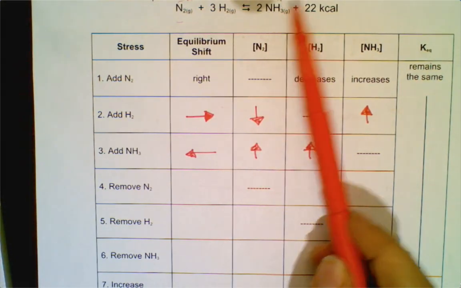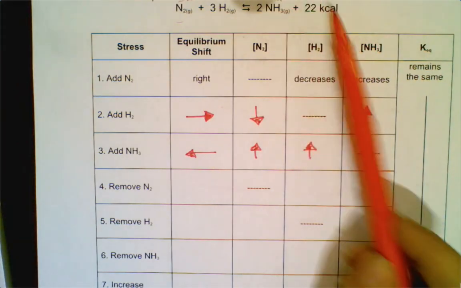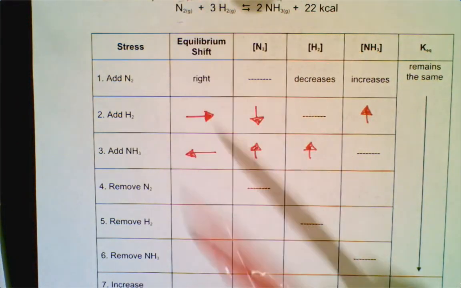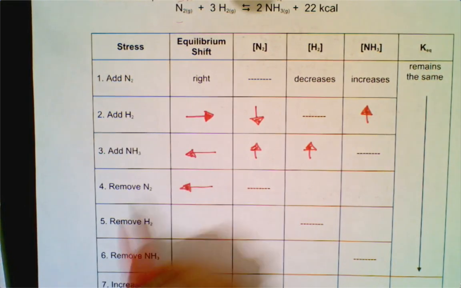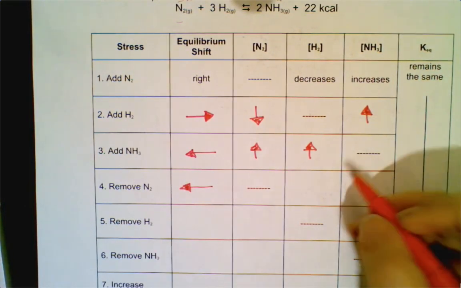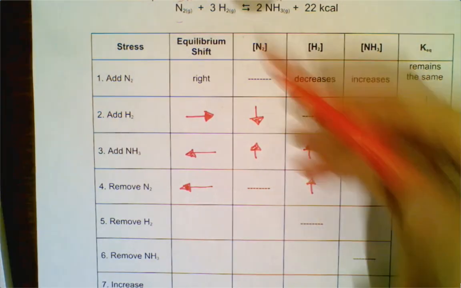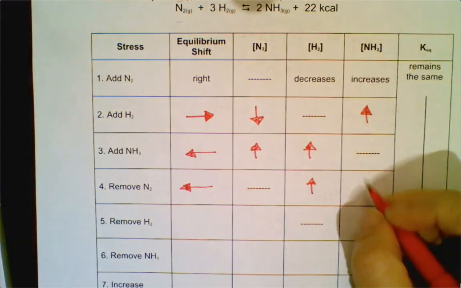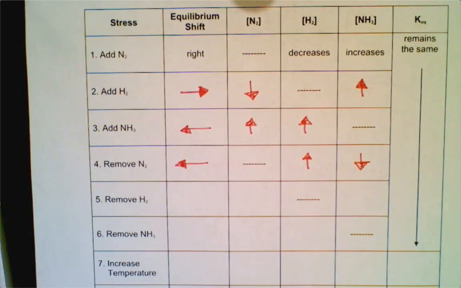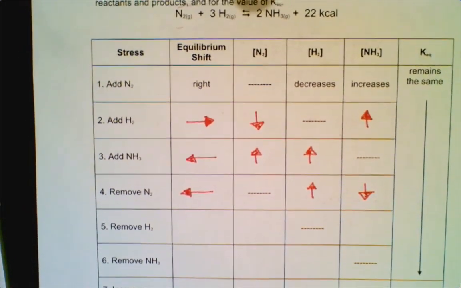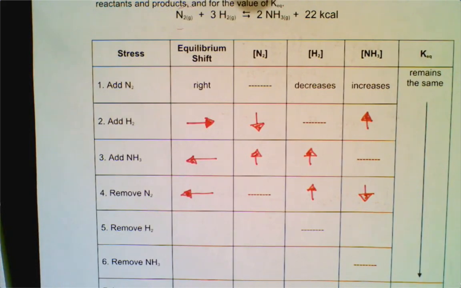So the NH3 molecules will be colliding with one another to reform some of this. So the system will shift left to quickly make some more. And that means that your H2 concentration will go up because it's on the left, but your NH3 concentration will go down.